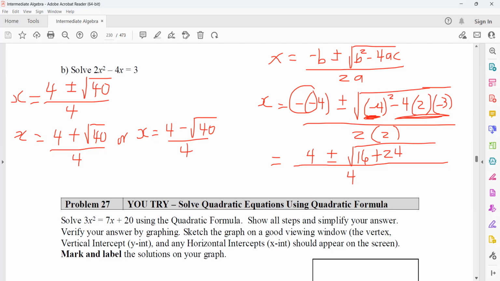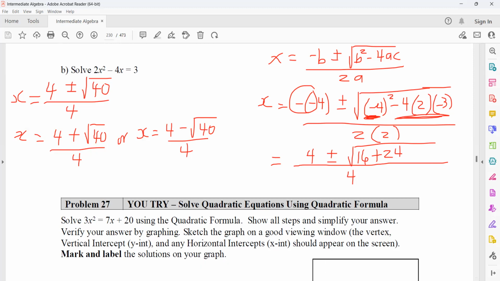So what you should do now, of course, is go into your calculator and make sure that you put this in your calculator.